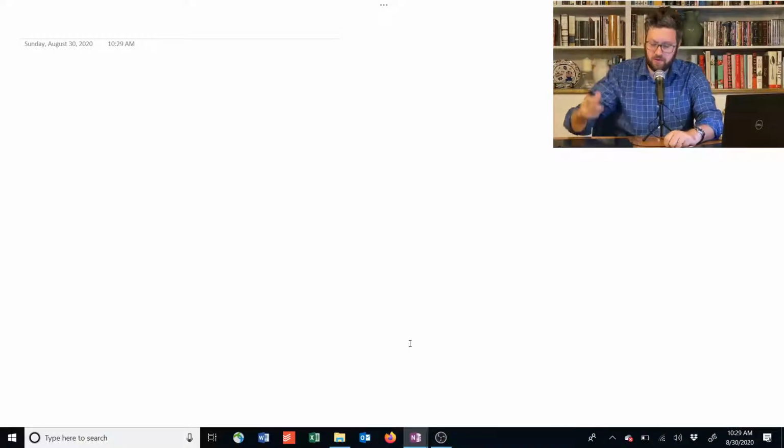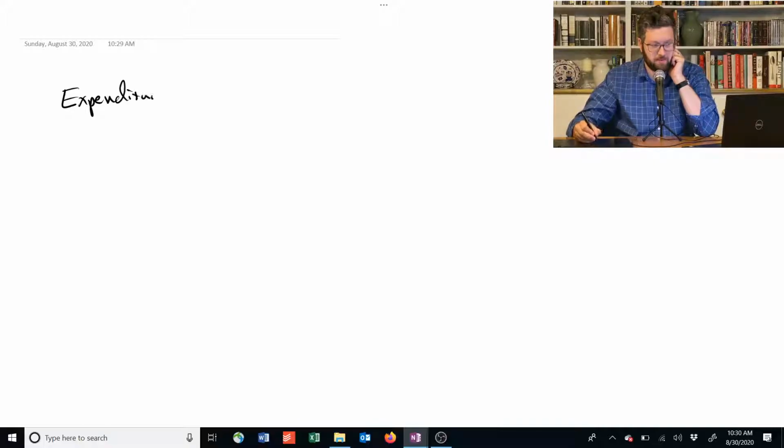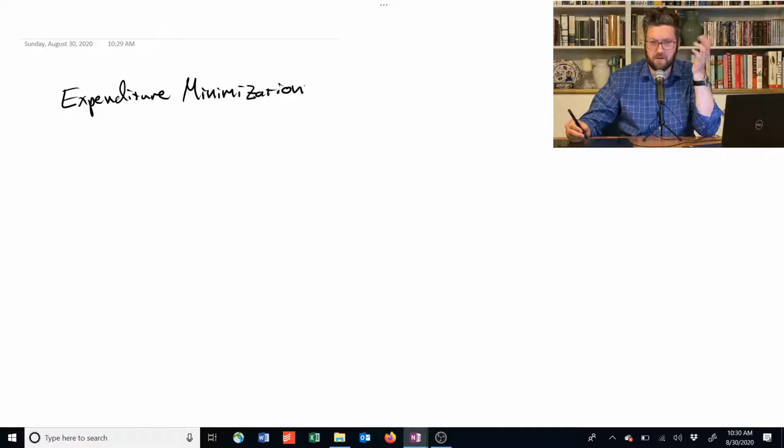The last thing we want to mention in this section of the course is that you can also use this approach to solve a different problem called expenditure minimization. So we're kind of used to thinking of the problem of you have a budget and you want to know how to spend it.